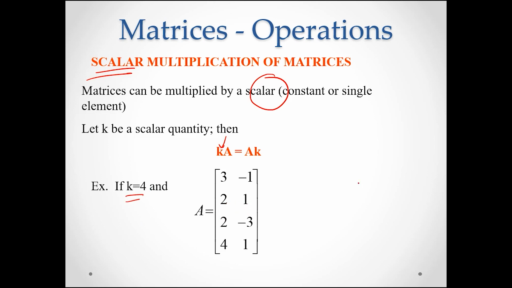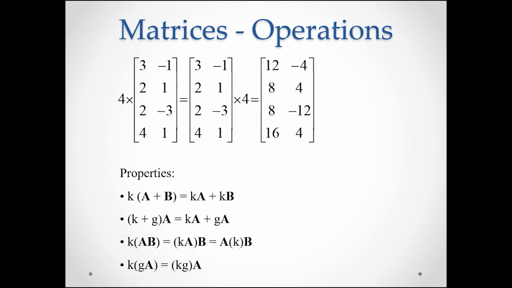It means I'm multiplying each and every entry with 4. So what will be 4 times A? This will be 12, minus 4, 8, 4, 8, minus 12, 16, 4, and so on. Again, if we multiply from left or from right, we are going to get the same results.